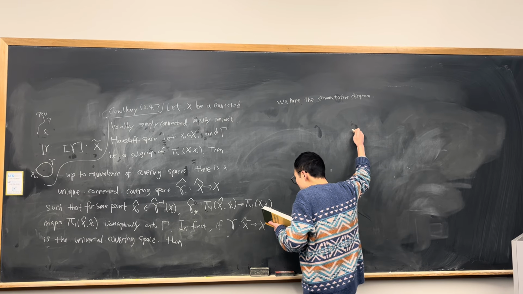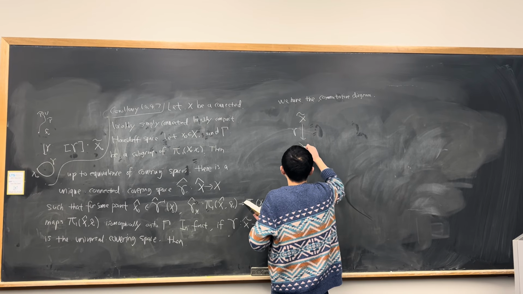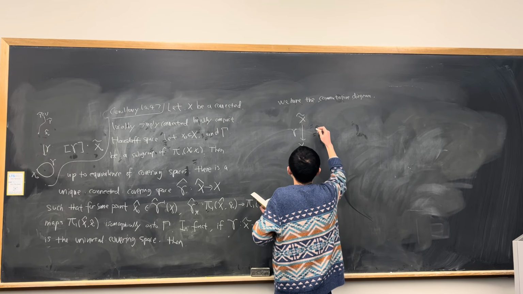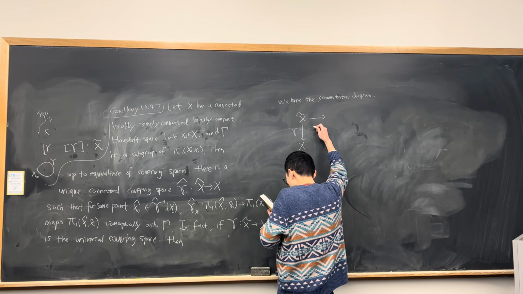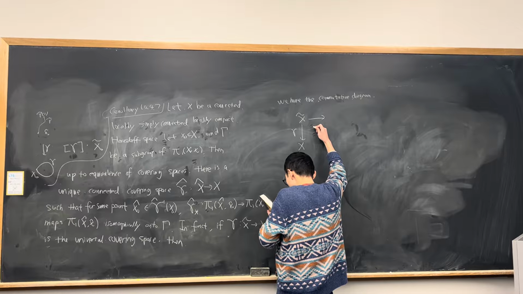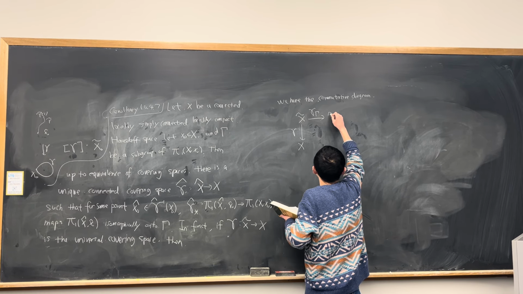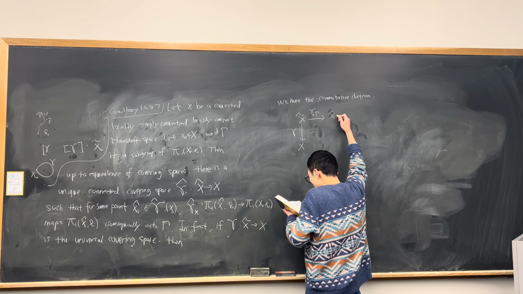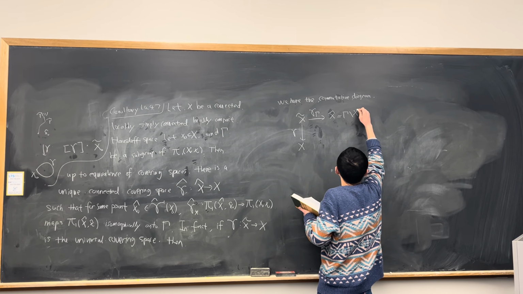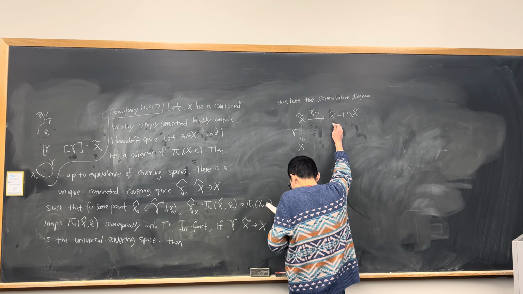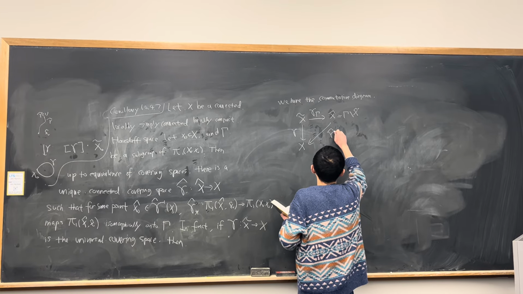Here we have this X tilde, and this is the projection by gamma to this X, and this is a quotient map by this group gamma to this quotient space, which is equal to X tilde quotient by the group action of gamma, and then this is the map gamma hat.